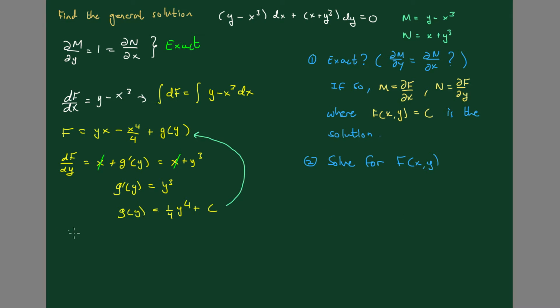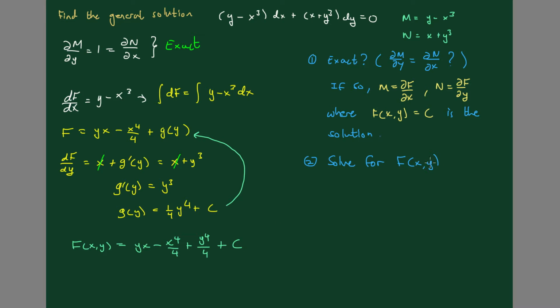And if we do that, we find that f(x,y) is equal to y times x minus x to the power 4 divided by 4, and then plus g(y). And g(y) is just y to the power 4 divided by 4, and then of course plus the constant c.